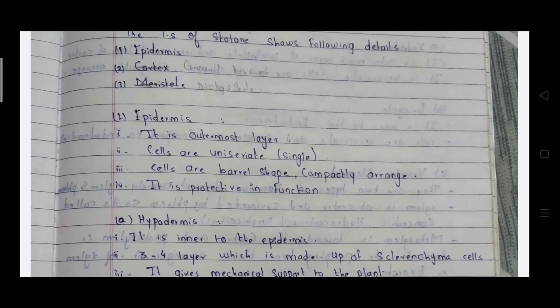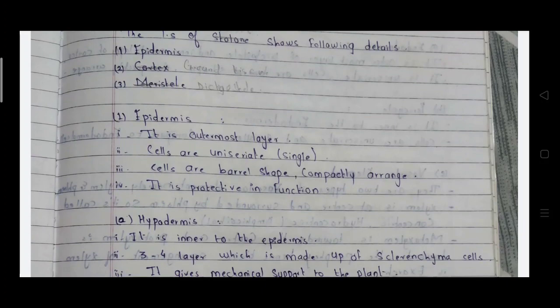It is uniseriate, that means it is single layered. The cells of the epidermis are barrel shaped and compactly arranged. The function of the epidermal cells is protection.